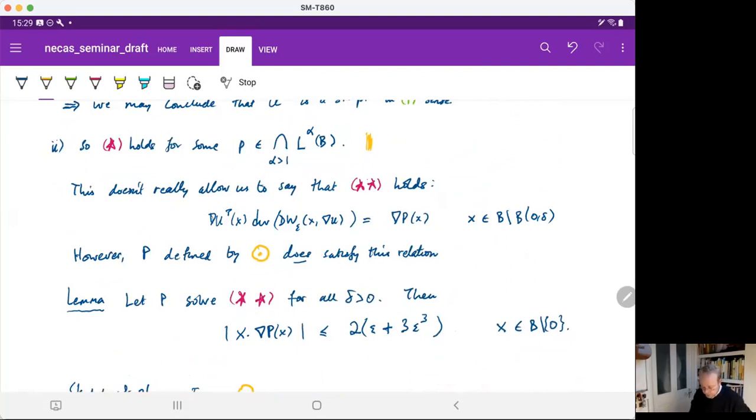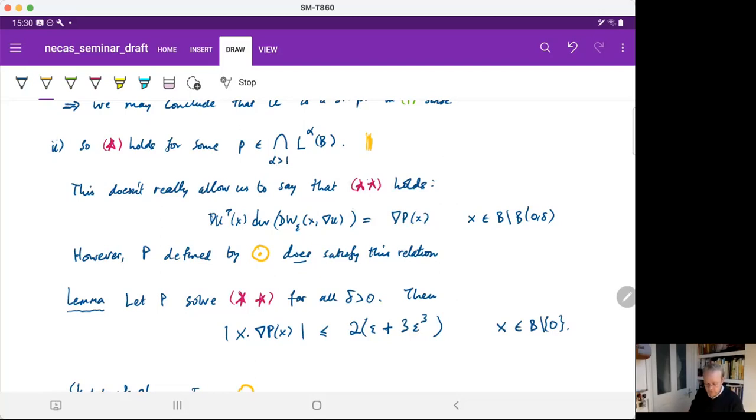However, what you can do is proceed by brute force, and you find that the left-hand side of this expression here is du transpose and so on. If you calculate that, you find that it can be written as the gradient of something that depends only on R. So that gives you a candidate for P. And then you can use the uniqueness that comes from the Royer-Cafani result to say that, to within an additive constant, that is the pressure.